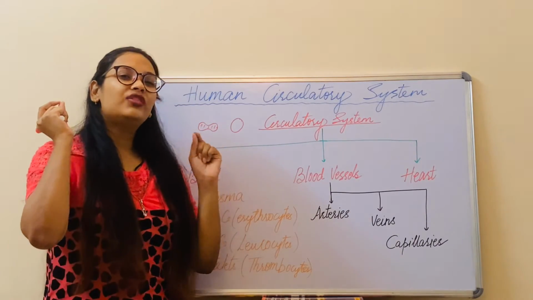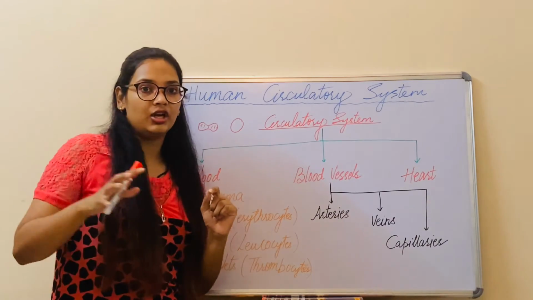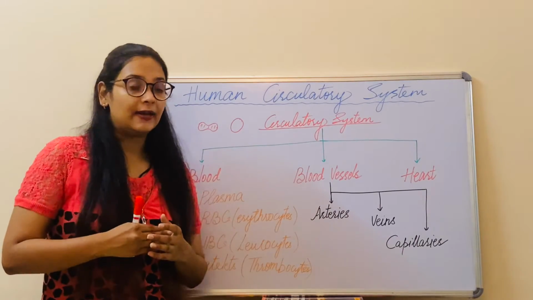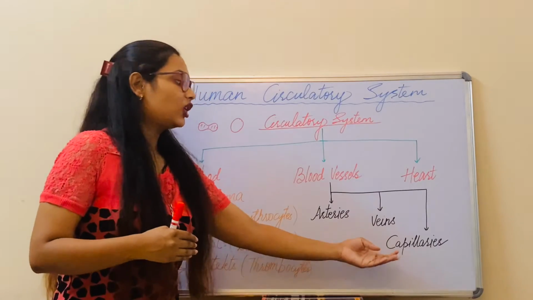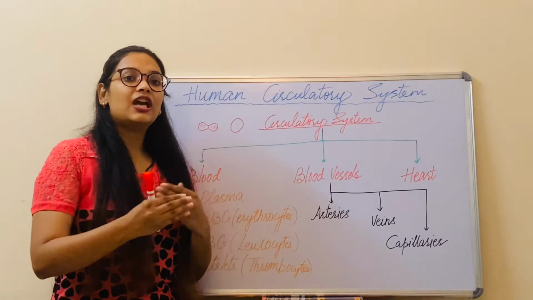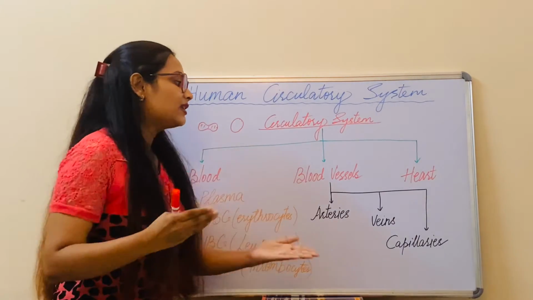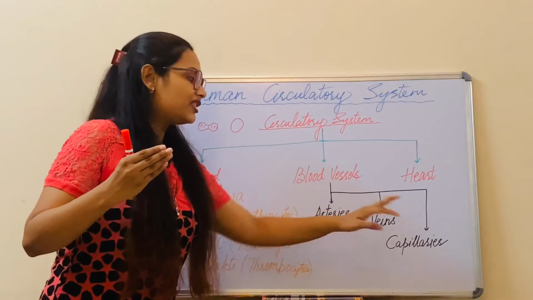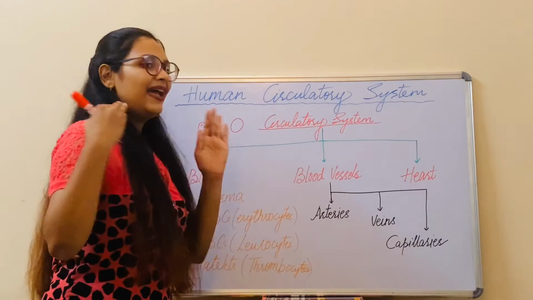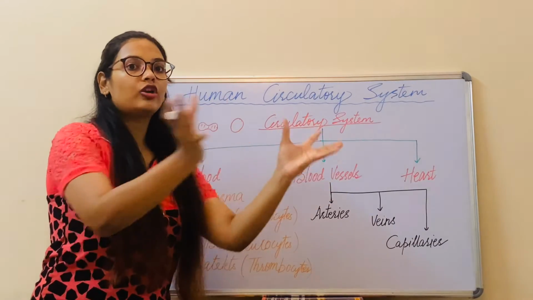They have the thinnest wall, which consists of only one cellular layer of squamous epithelium, called the endothelium, and they are in contact with the cells of the tissue, and the exchange of the gases and all the material actually takes place from the blood in the capillaries to the cells of the tissue. So the arteries, before entering the tissue, basically divide into a lot of capillaries.